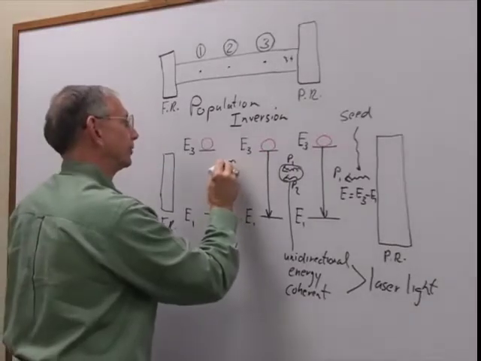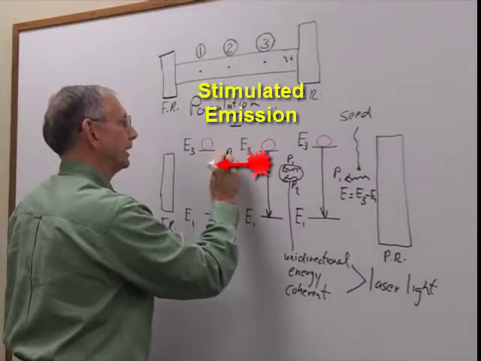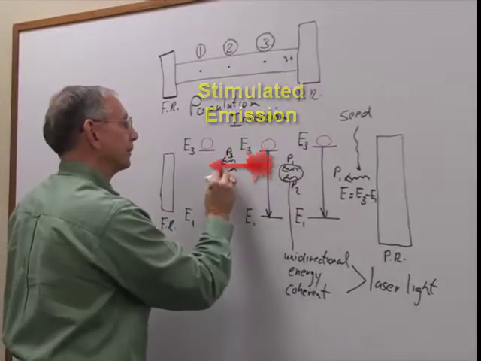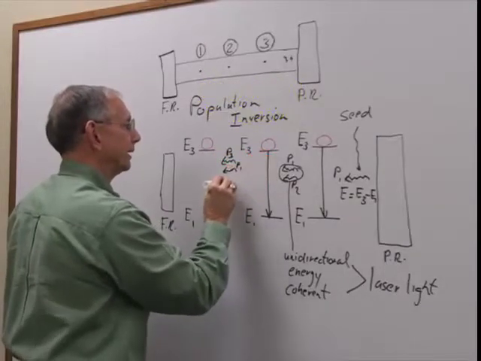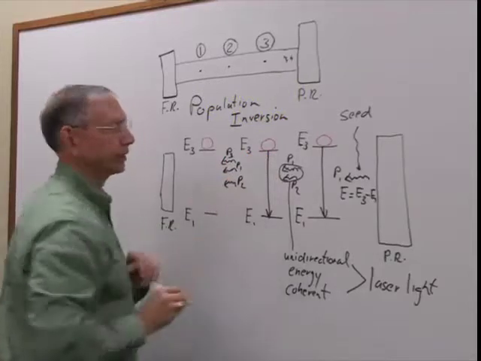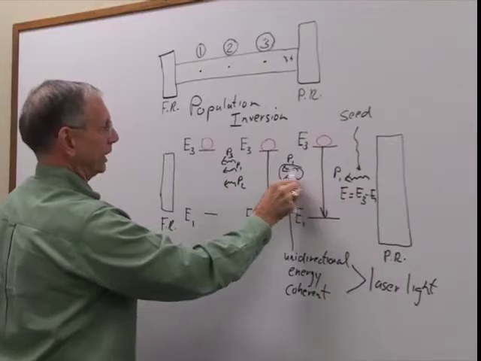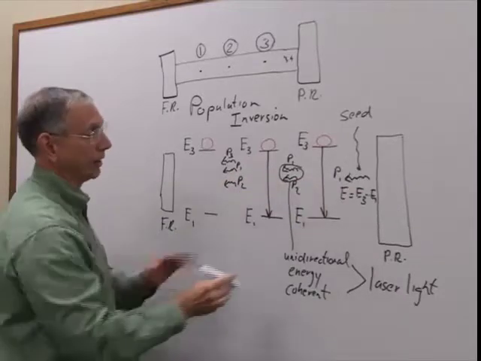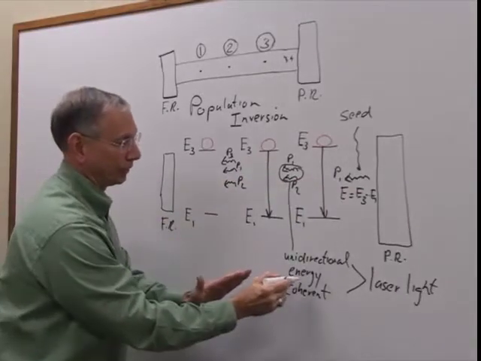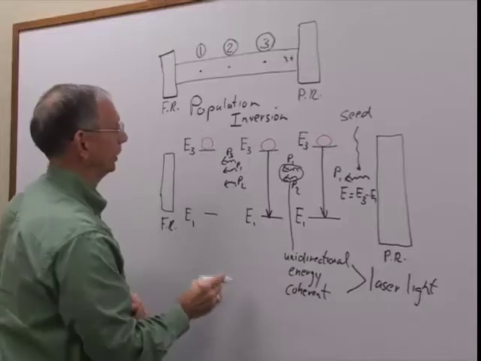The result is that a photon P3 is produced, but P1 and P2 still exist. So you can see we started with one photon here, we have two photons here, we have three photons here, all of which are unidirectional, have the same energy, and are coherent.